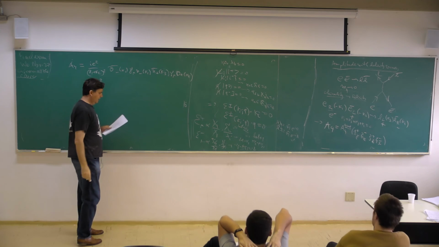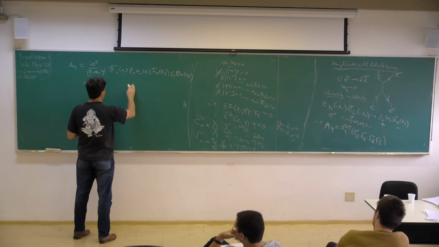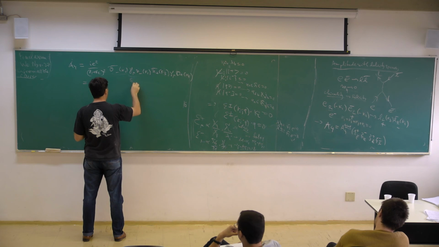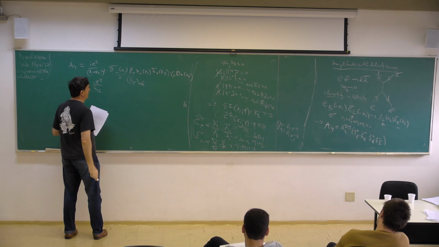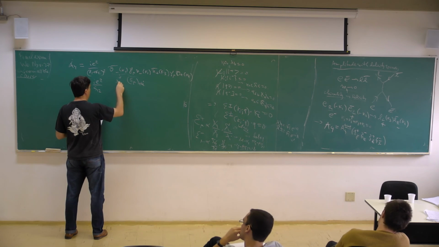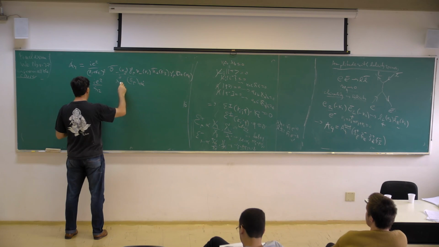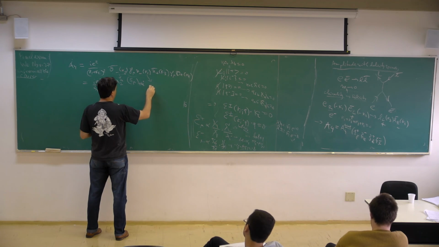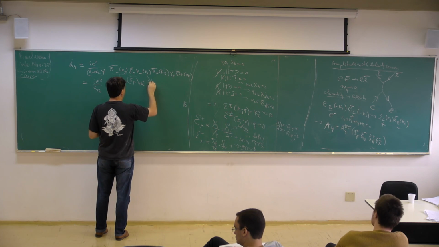So i e squared over s12. Then the only non-zero thing in here would be sigma mu A dot. Then this object would be lambda 2, so for the index 2 with index A. And here we get lambda 1 tilde A dot.